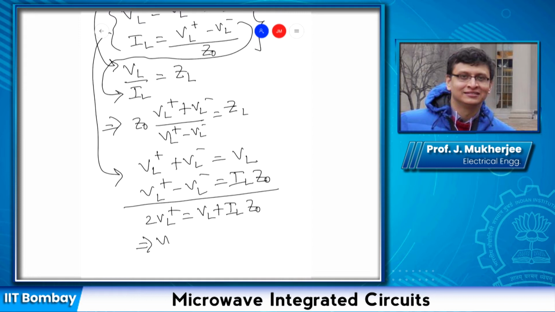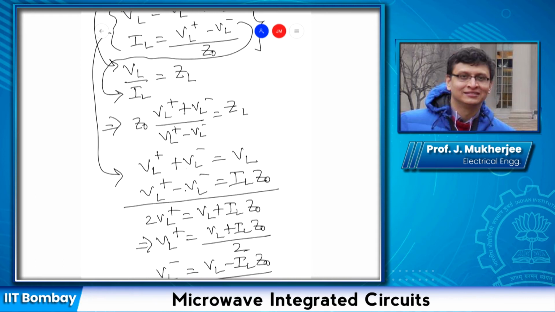From this, V of L plus equal to V of L plus I of L Z0 upon 2. And similarly, if I subtract this equation from this, I will get an expression V of L minus is equal to V of L minus I of L Z0 by 2.